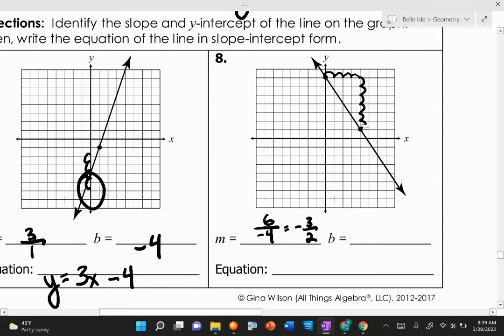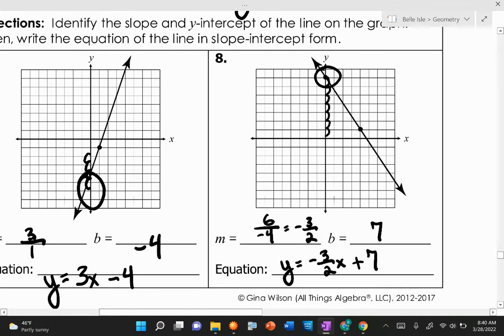The y-intercept is going to be right here, so that's 1, 2, 3, 4, 5, 6, 7, +7. So the equation is y equals negative 3 over 2x plus 7.